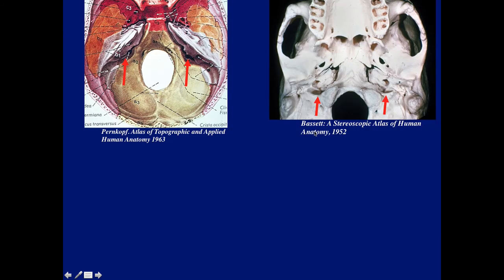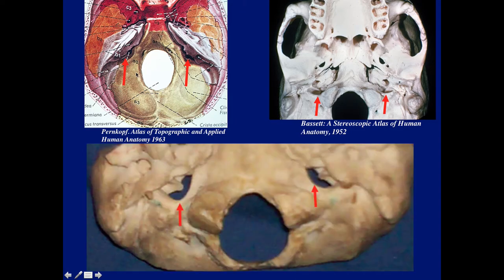However, it's not so simple to identify the jugular foramen. If we look here at the bottom of the skull from the outside, you can see it's like a little slit. It's also hard to see completely on an axial looking inside the skull. For instance, to show it better, I had to take a skull specimen and angle it from the back, and now we see the full outline of the jugular fossa with the pars nervosa and pars vascularis.